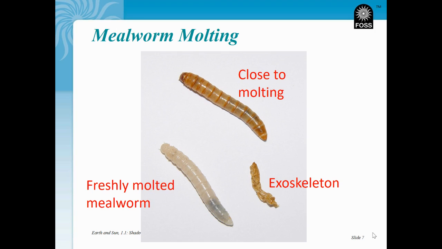And so some of you might be able to roll your vial around carefully and find an exoskeleton in your vial. If you are feeling brave and also being very careful with your mealworm, you can always take out the exoskeleton to examine it further and take a closer look at it.